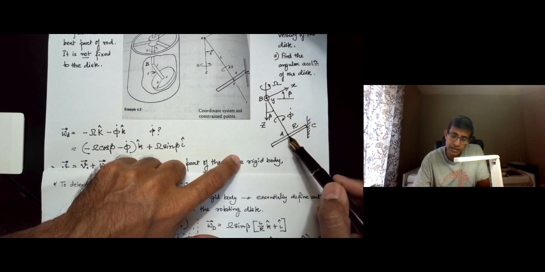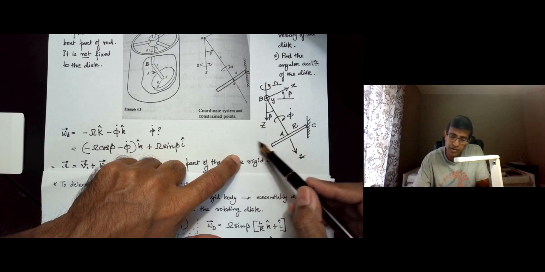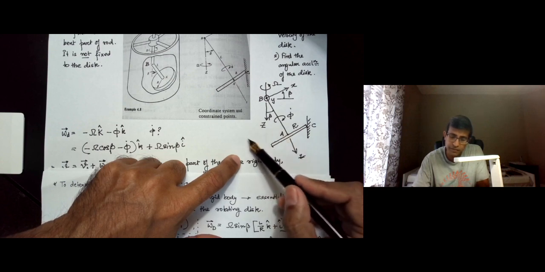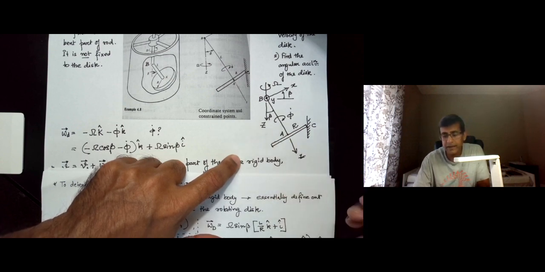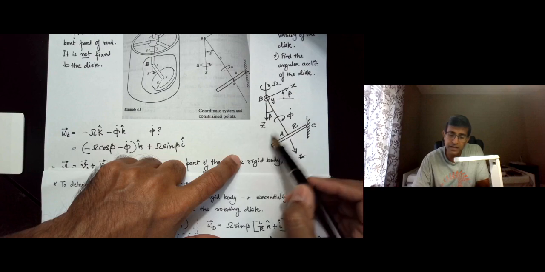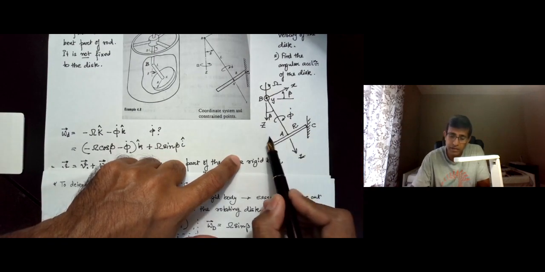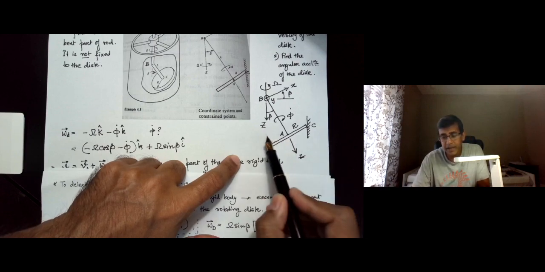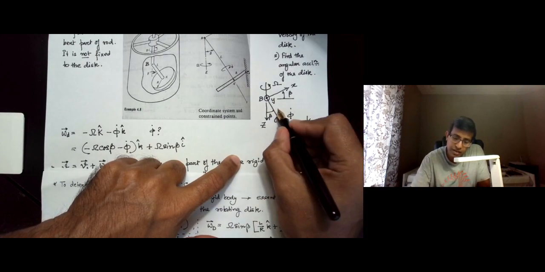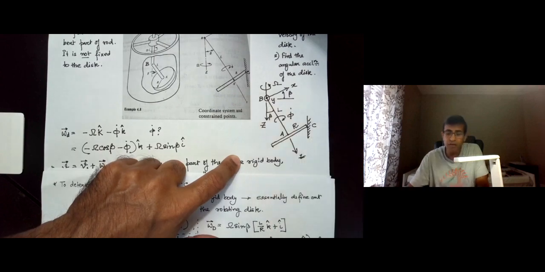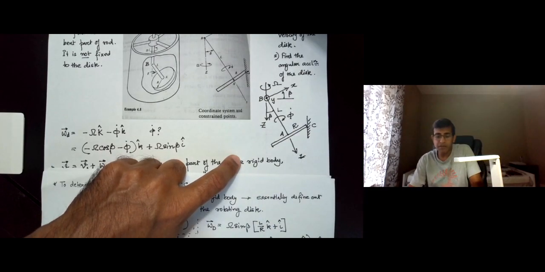So note that the point A is essentially just going around a circle at a constant speed. And that speed is given by the angular velocity omega times this distance, and this distance is capital L sine beta, because capital L is the length of the bent part of the rod.